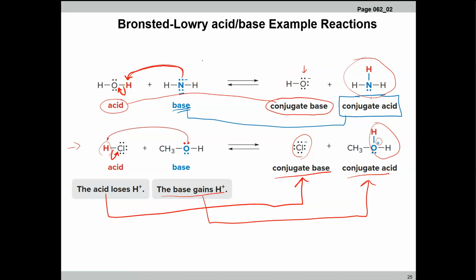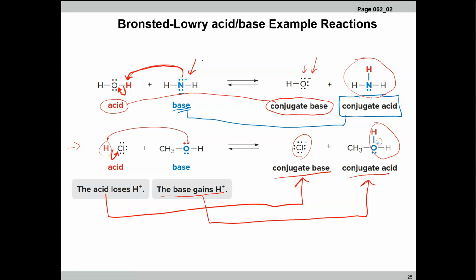So the other thing to make sure of is that if your charge on the left is neutral, then your charge on the right needs to be neutral. If the charge on the left is negative, the overall charge on the right needs to be negative. So we'll notice that we have a negative charge on that nitrogen on the top reaction, and that charge is still there.